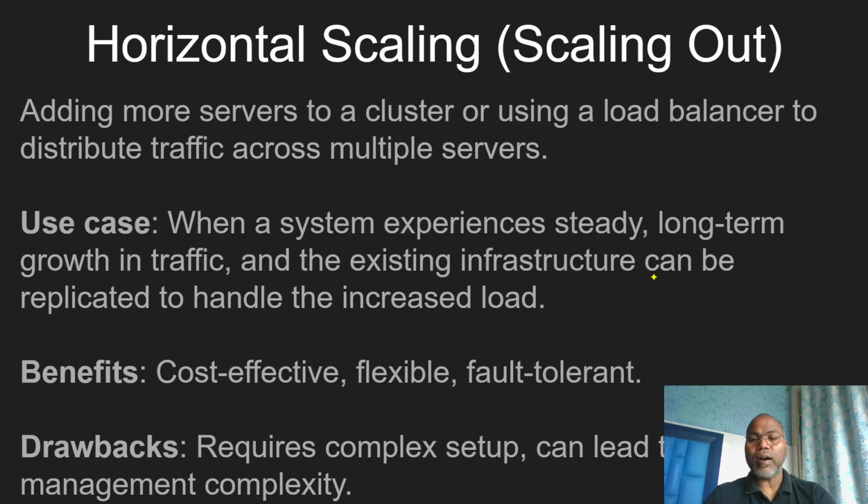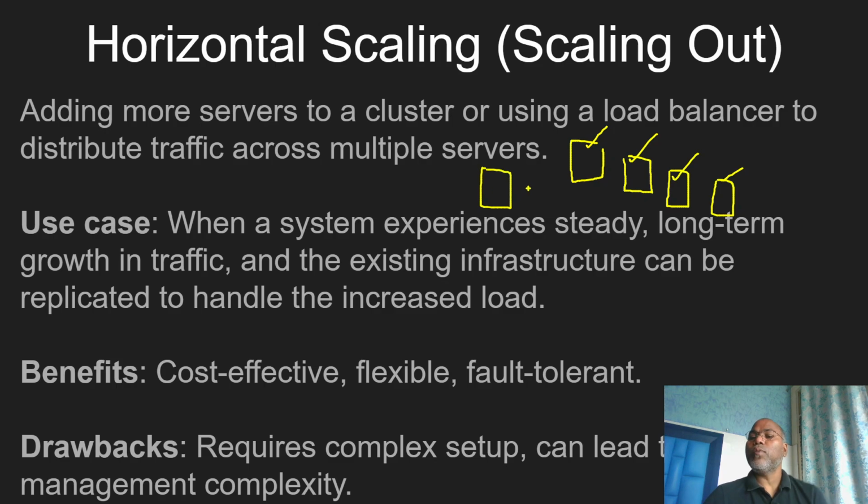Instead of increasing the hardware, I am going to increase the number of servers: server 1, server 2, server 3, with a similar kind of facility. We use a load balancer, and users' requests come to our load balancer or API gateway, which distributes requests to different servers.